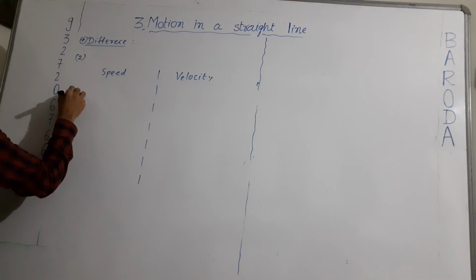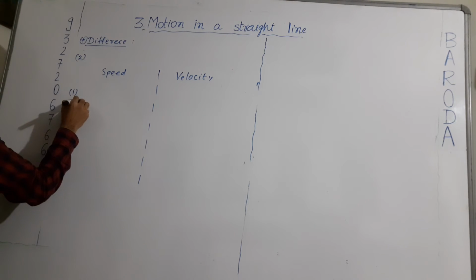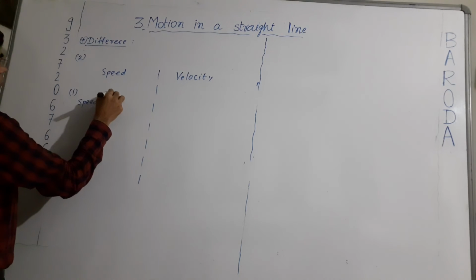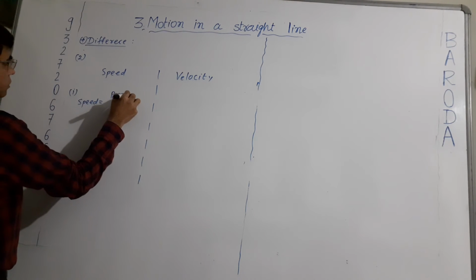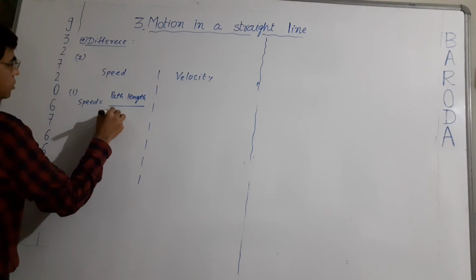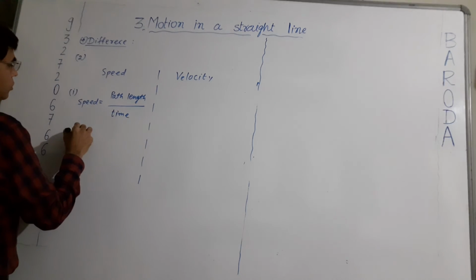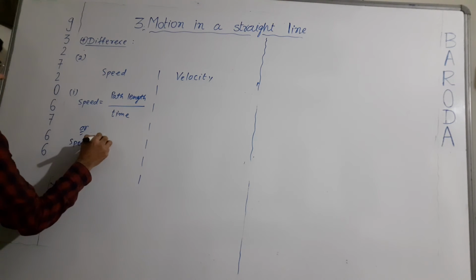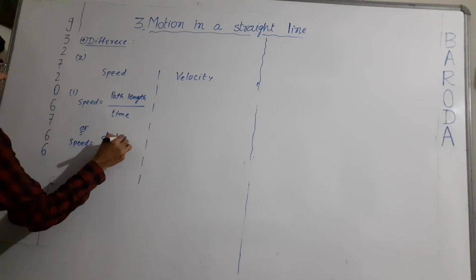First point, I will write the formula. Speed equals path length upon time, or speed equals distance upon time.